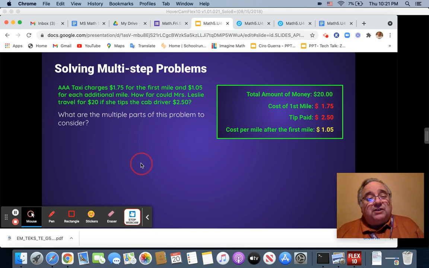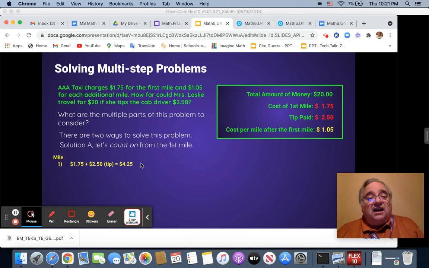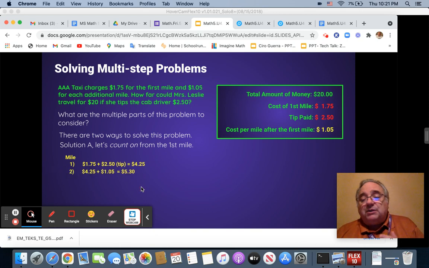Now, one of the ways we can go ahead and answer this is to say, I've already spent the $1.75 for my first mile, and I've already paid my tip, which is $2.50. That tells me that I've spent $4.25. So now I can do the second equation, which is going to be $4.25 plus $1.05, which equals $5.30.